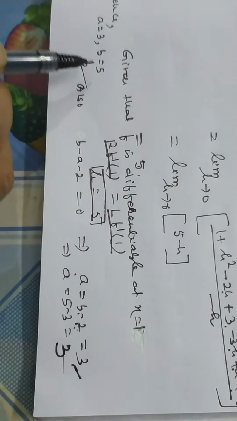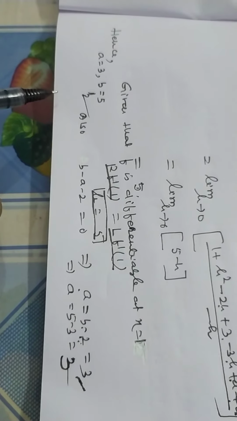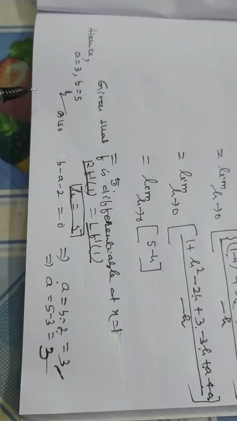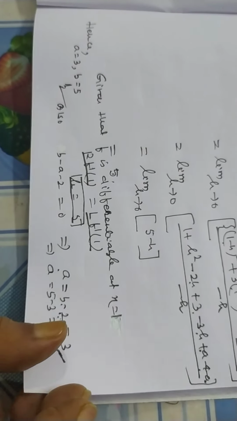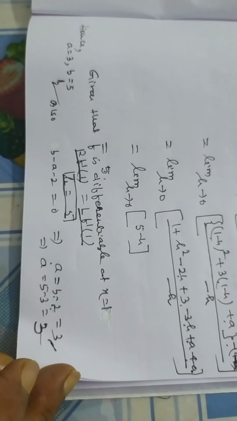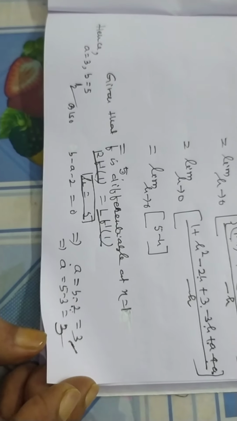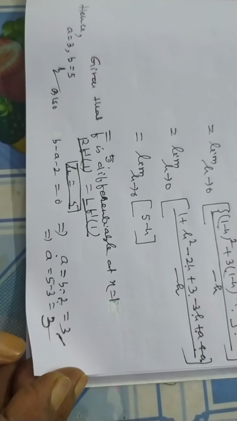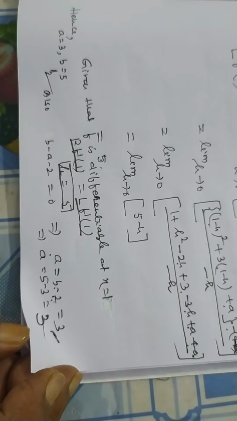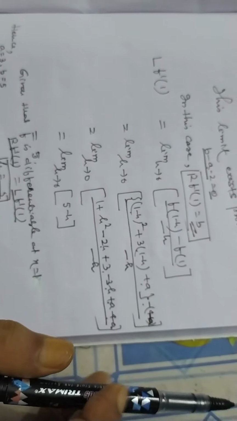Hence a is equal to 3 and b is equal to 5 is the required solution. My dear student, in this way we can solve the different problems of differentiability. I hope you have followed me, you have understood, and you must have taken the notes.